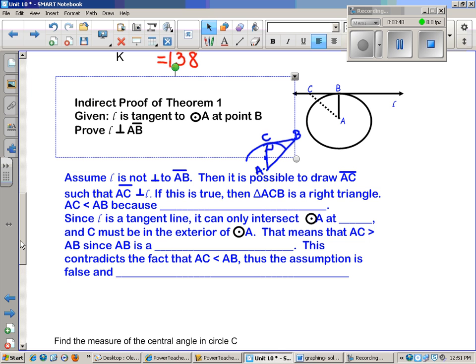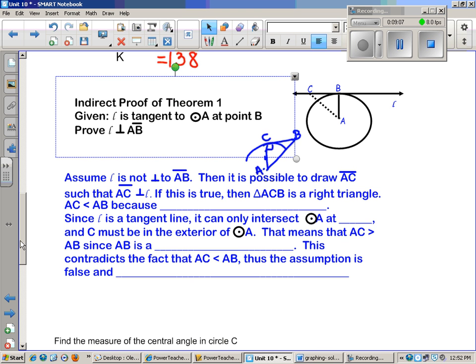So that's how an indirect proof works. You go through a proof headed for the wrong goal, but you hit a roadblock, and because you can't get past that roadblock, the opposite of what you're headed toward must be true.